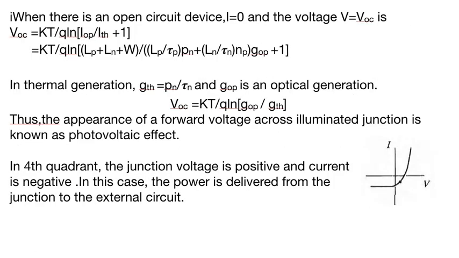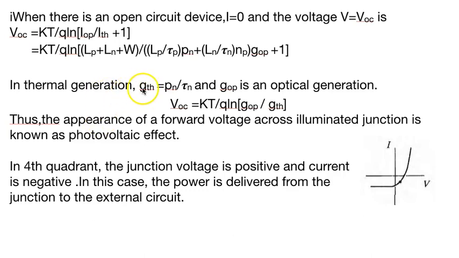Now I will calculate VOC, the open circuit voltage, having different optically generated current and diode current. That will give me kT by q, natural log of (Lp plus Ln plus W) over (Lp upon tau p into pn plus Ln upon tau n into np) into G0p, plus 1.